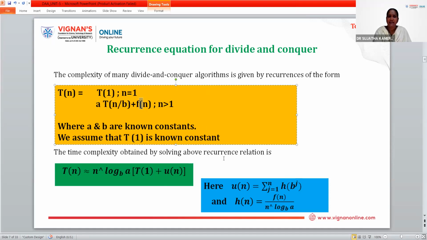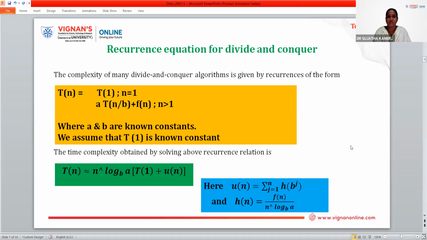Now, there are a lot of methods for solving this recurrence relation. We can use the substitution method, or the Master's theorem, or the recursion tree method, like that. Different methods are there.